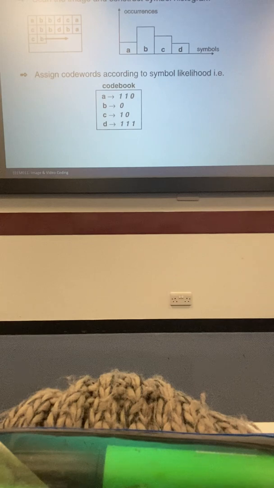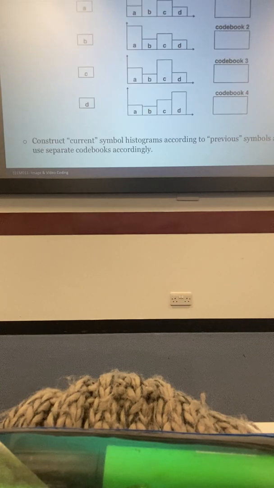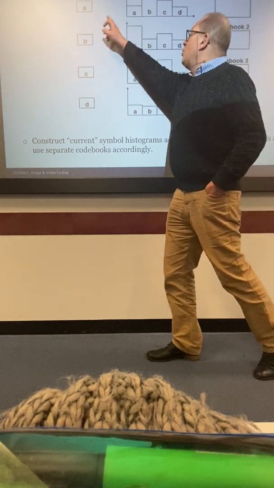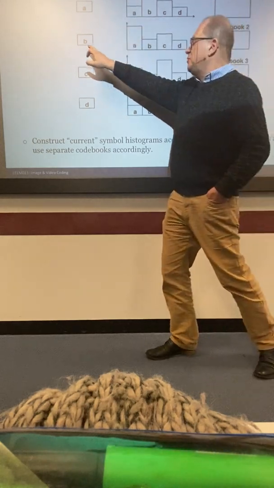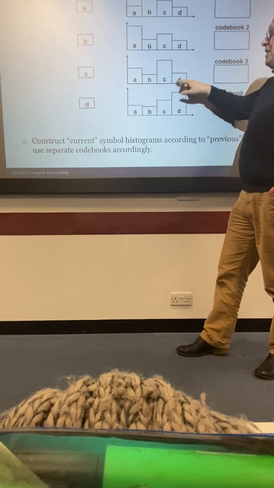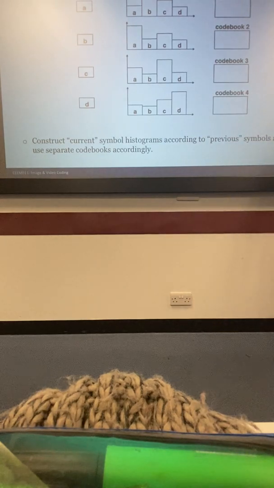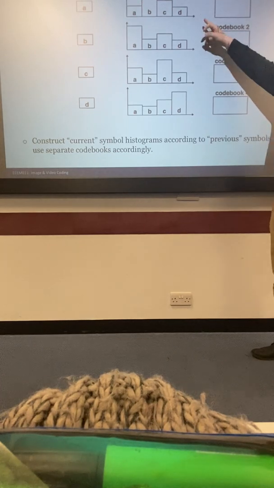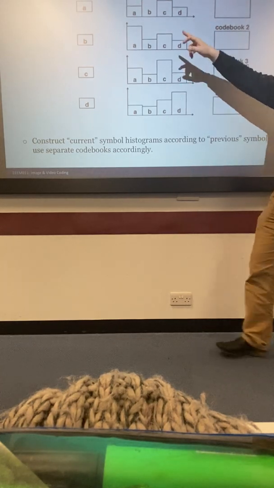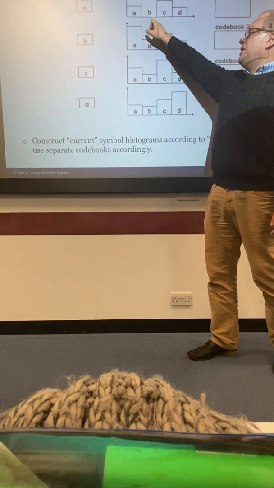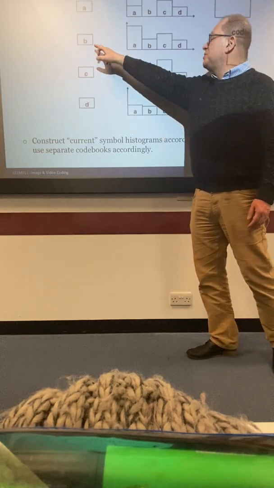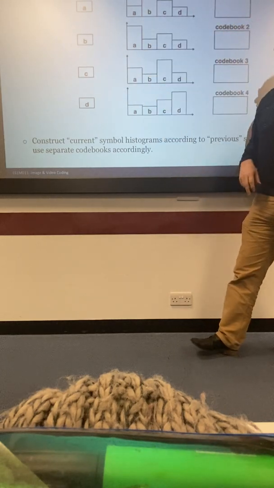Well, I can now say, if the previous symbol was A, what is the distribution? If the previous symbol was B, what is the distribution? And so forth. So now we did this trick, and what we see is that these distributions are now changing. So if the previous symbol was A, B is most frequent. But if the previous symbol was B, A is more frequent.